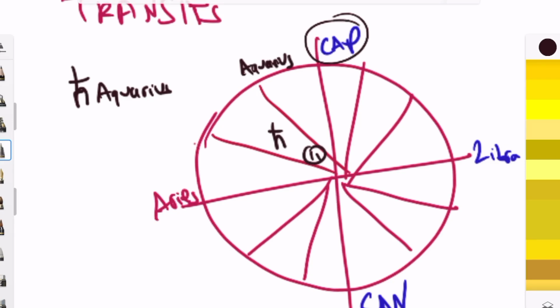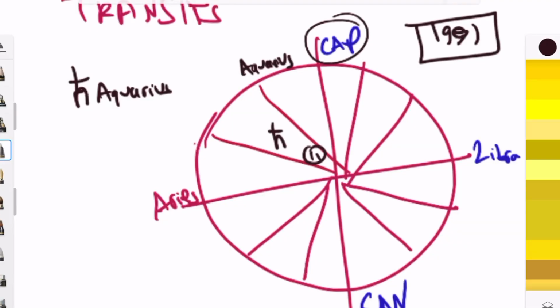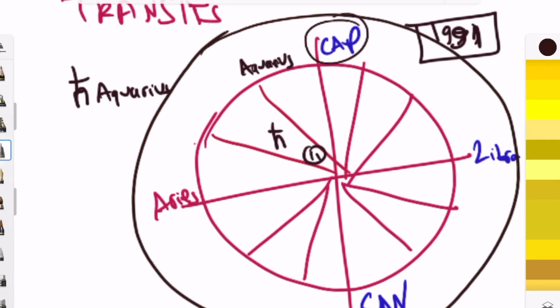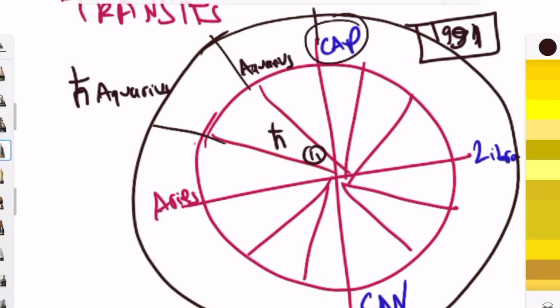What that means? You were born, for this example, in 1991. Okay, you were born in 1991. You have Saturn in Aquarius. Right now, we are taking another circle on top of your natal chart, and we can see the planets are in different places.